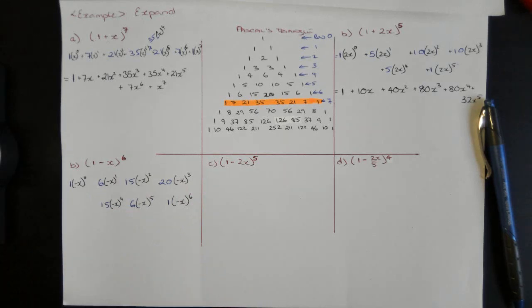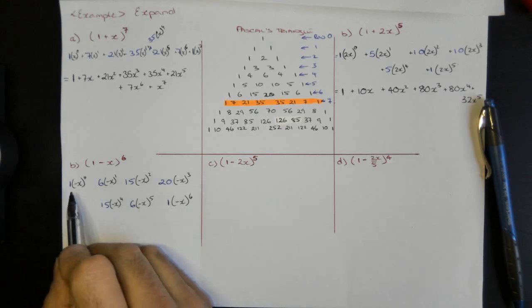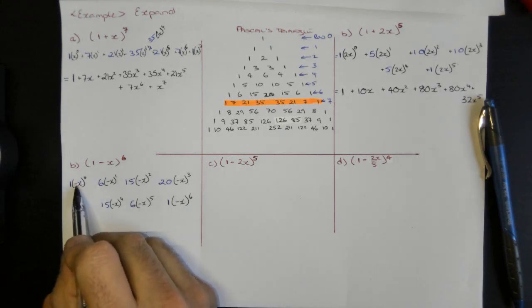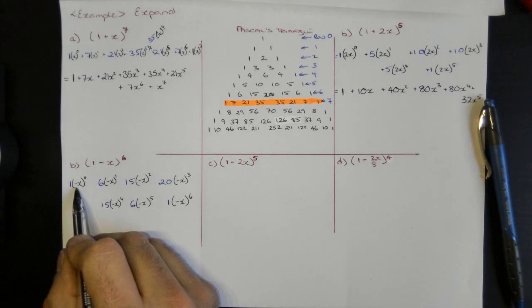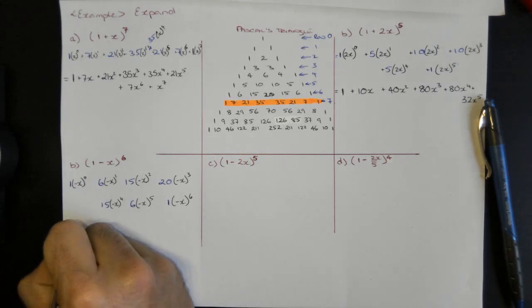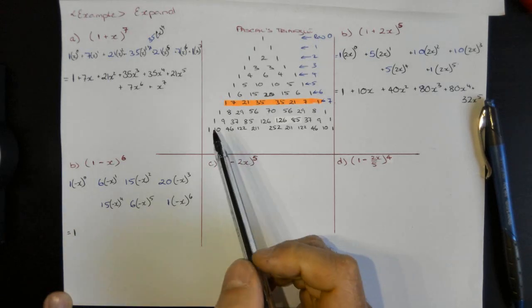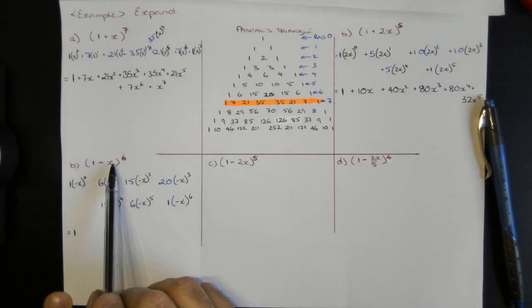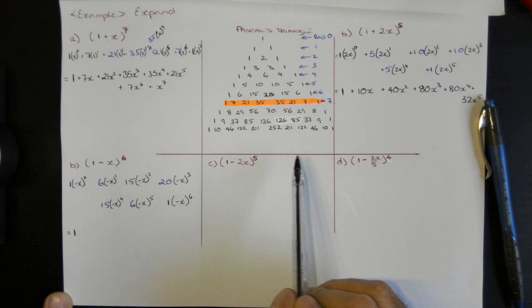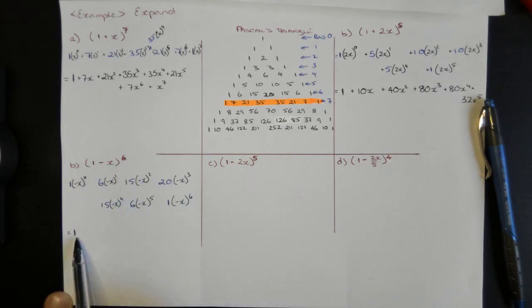Once again, I'm not going to add in my plus or minus just yet. Anything to the power of 0, even if it's negative, becomes positive, so positive 1. So 1 times 1 is just 1. If you think of it logically, if that was 1 minus x times 1 minus lots of stuff, 1 times 1 is just 1, so that's why it's positive.